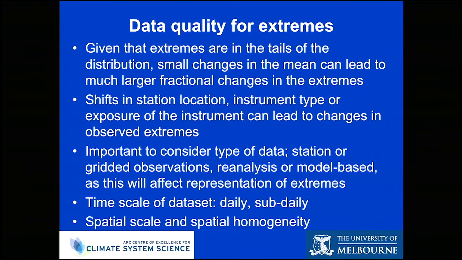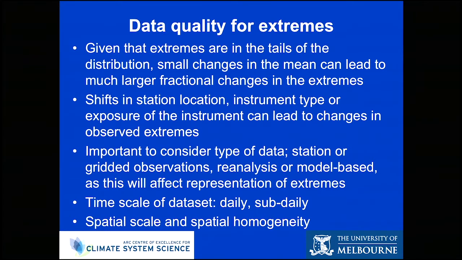Another critical factor, and I talked about this a little bit already, is how well or how poorly the data set will actually represent extremes, in terms of whether it's a single site location, or whether the data set's been gridded, which means it represents an area average value, or whether you're using a model or a reanalysis data set. By definition, a station only represents what fell or occurred at that instrument.